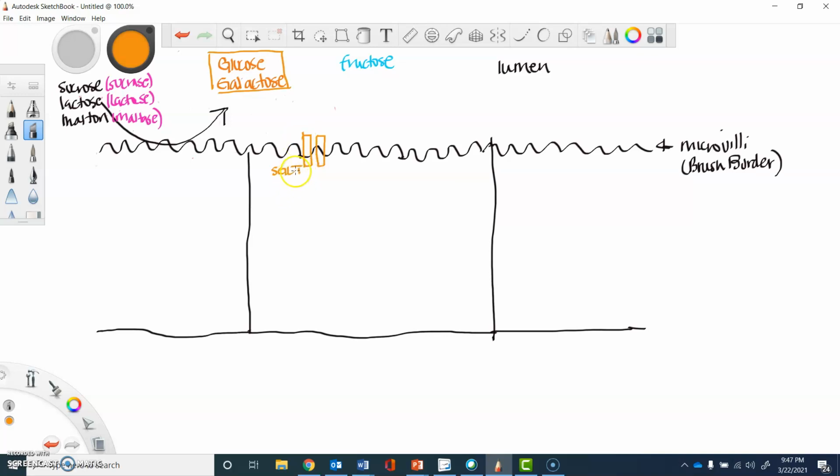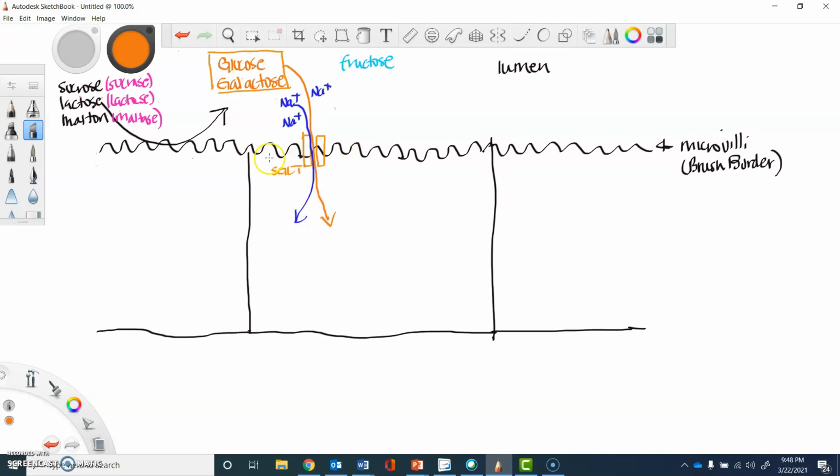Okay, and this transporter is a symporter, and what it does is it brings in glucose and galactose using sodium. So we know there's sodium outside of the cell. And as it moves into the cell through the symporter, it brings in glucose and galactose. Okay, and again, that's just secondary active transport.